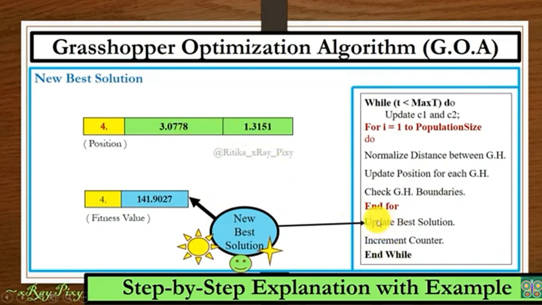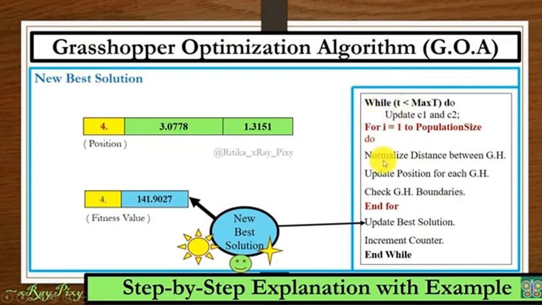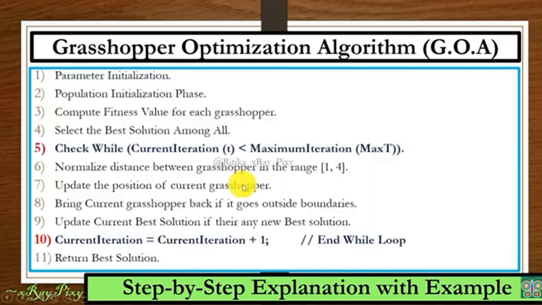Now we are here, we updated the best solution. Now we will increment the counter, and when we increment the counter, it will check the condition. If the condition is true, then again we will go inside this loop, else we will return the best solution.